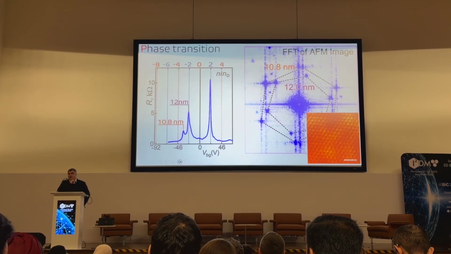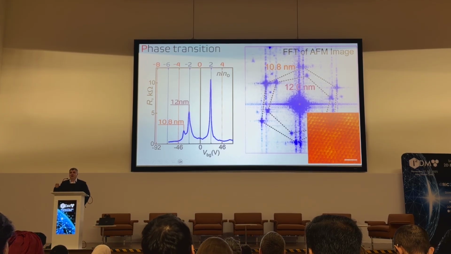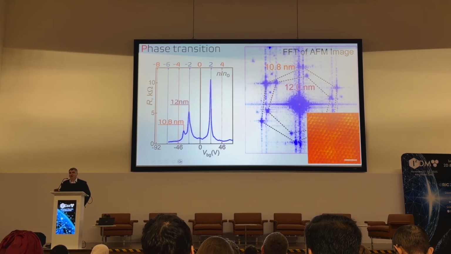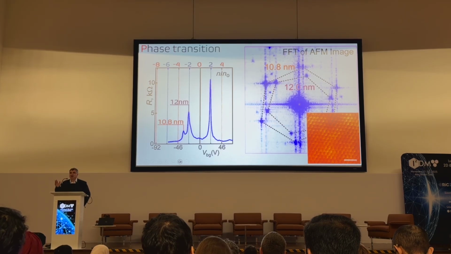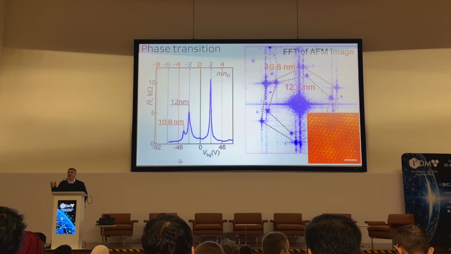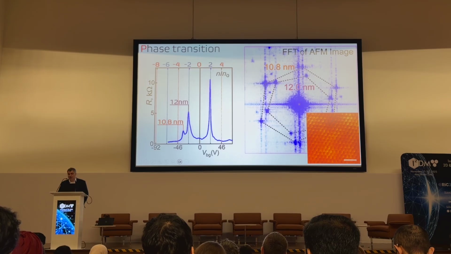The top axis is the number of electrons per plaquette, per unit Moiré pattern. At the bottom is the number of electrons per square centimeter, just from capacitance, and at the top is the number of electrons per plaquette, and you see that the doping is such that it's exactly 2 electrons per plaquette. So somehow the system knows that it needs to be in a quantized doping state, exactly 2 electrons per plaquette.